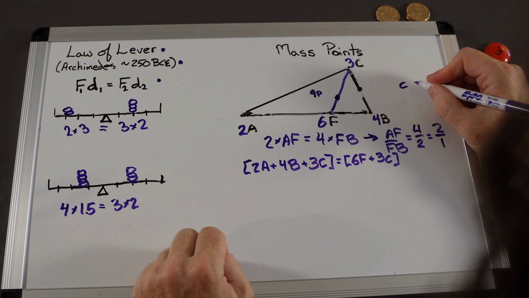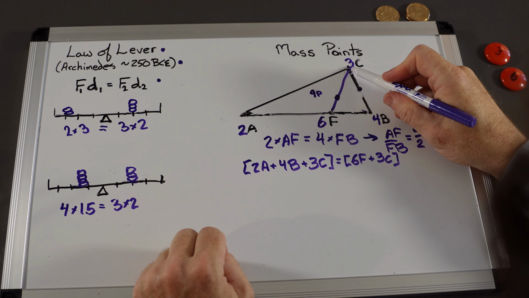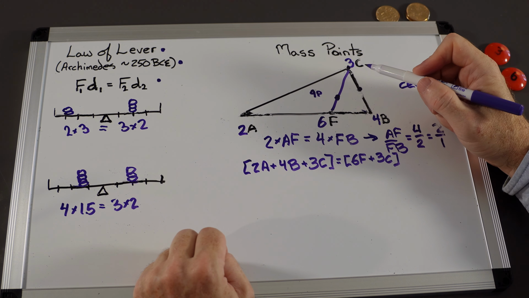FC is called a Cevian. A Cevian is any line segment from the vertex of a triangle to the opposite side.